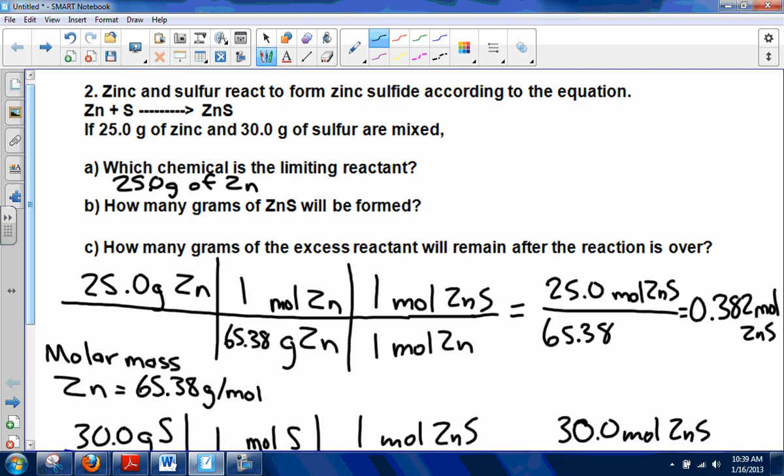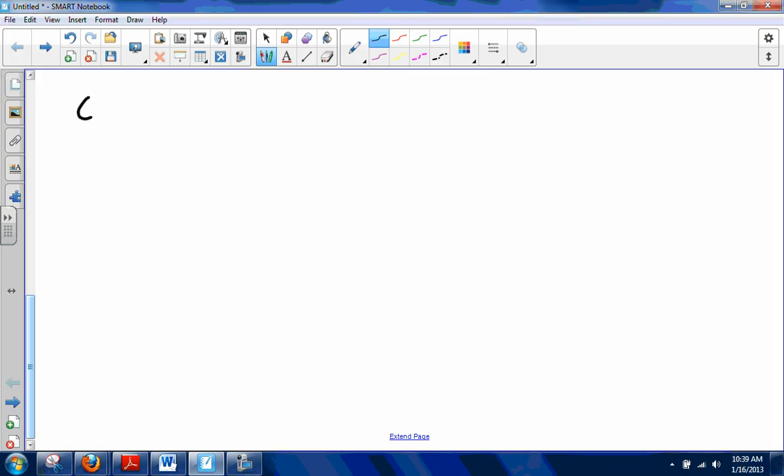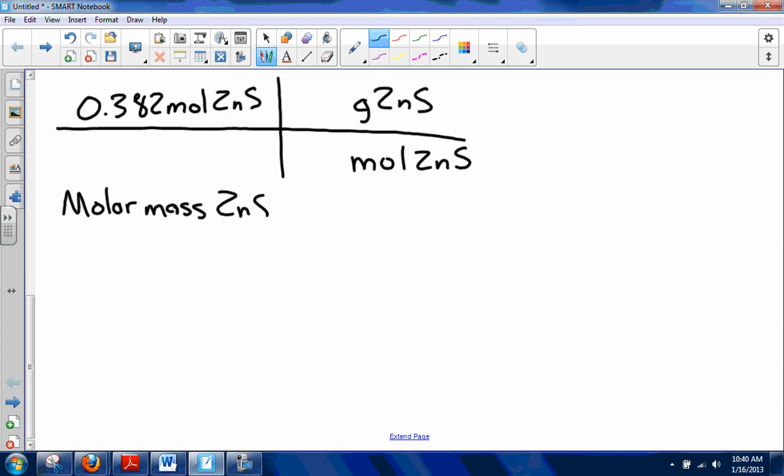The next one is how many grams of zinc sulfide will be formed. So I'm going to start with my answer from A, which was 0.382 moles of zinc sulfide. And I'm going to convert that all the way to grams of zinc sulfide. I don't want my answer to be in moles, so I put moles on the bottom. So that means I need to calculate the molar mass of zinc sulfide.